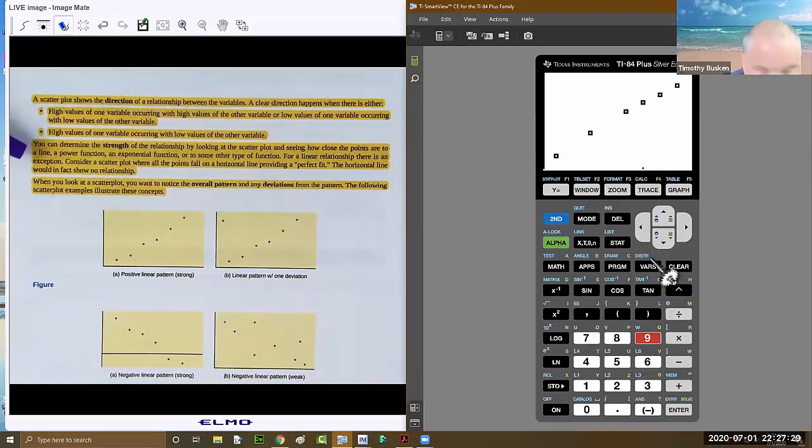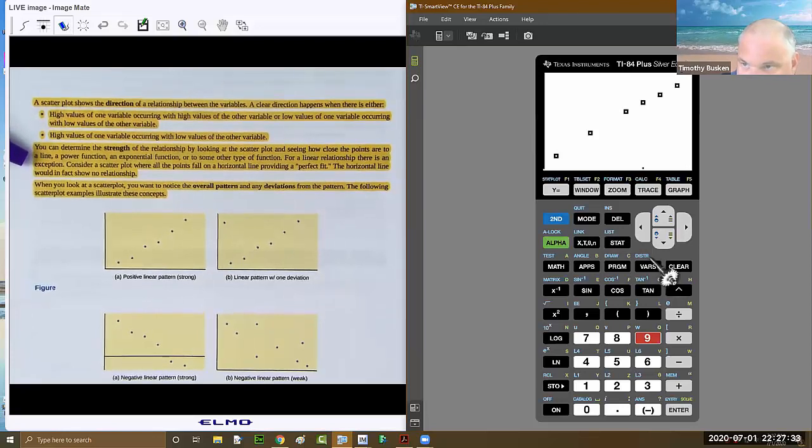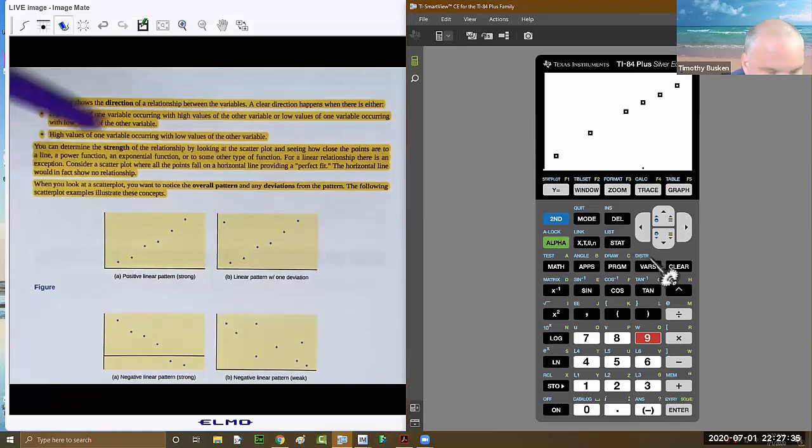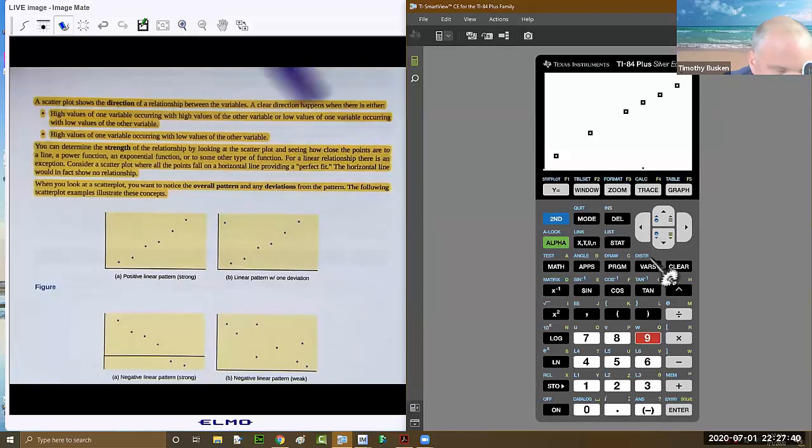You can determine the strength of the relationship, and in this case, the strength of the linear relationship found in the scatter plot, by seeing how close the points are to a line, a power function, an exponential function, or some other type of function. But for a linear relationship, there is an exception.